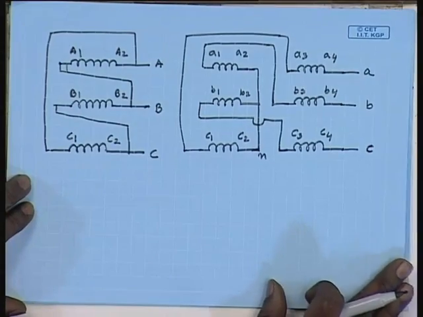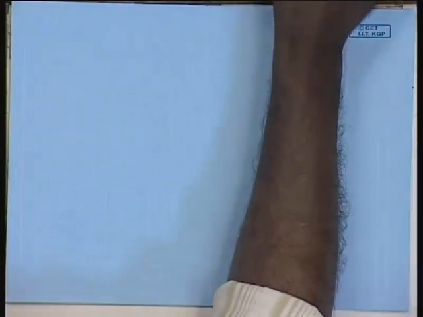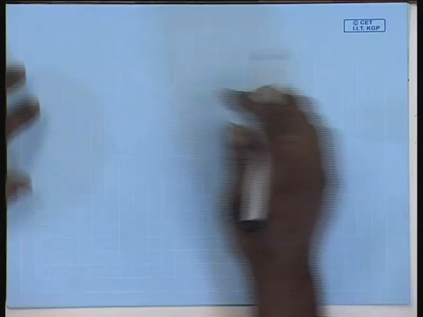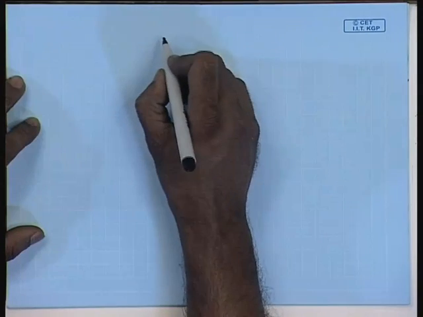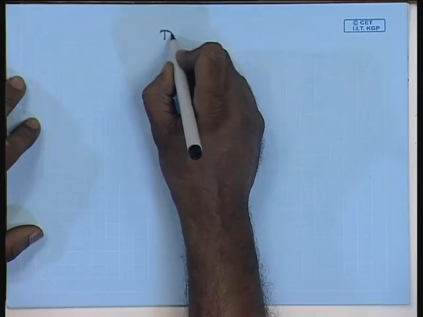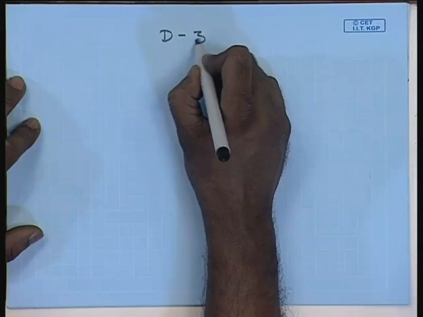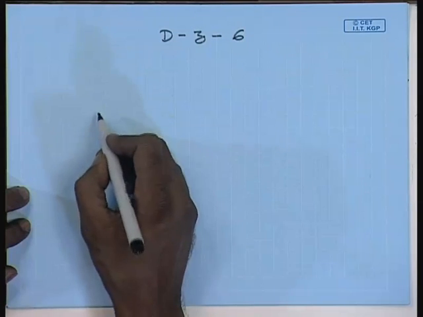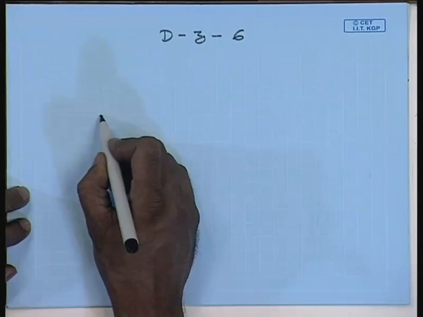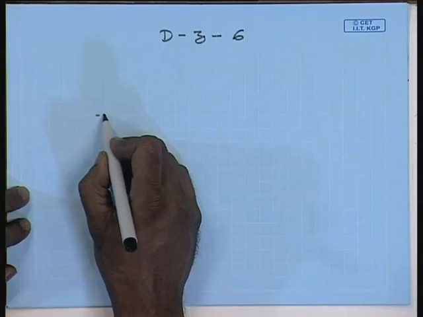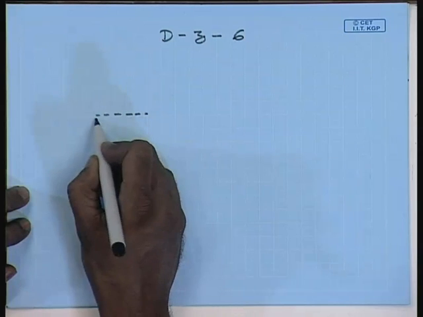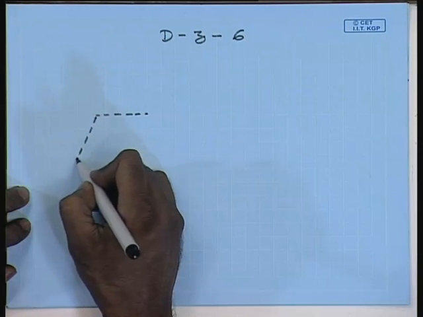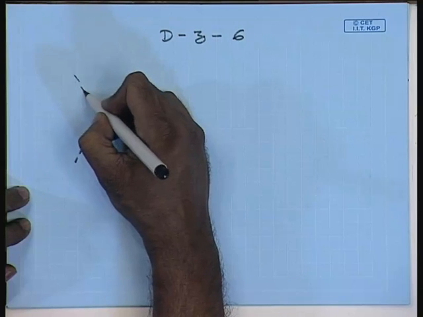How do we get a DZ 6 transformer? DZ 6, again the line to neutral voltages are this on the delta side.